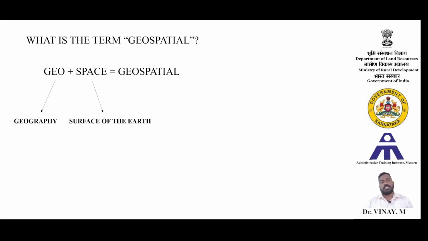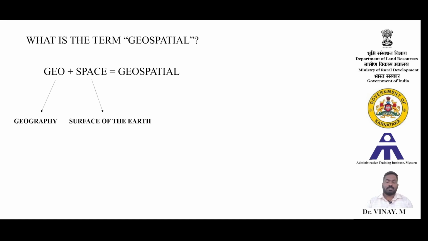But in the early stages, the contribution of the geographers was tremendous, and even the development of the coordinate system, how to locate a particular feature from one place to another place, and how we can sail, the Portuguese contribution is also there in GIS.